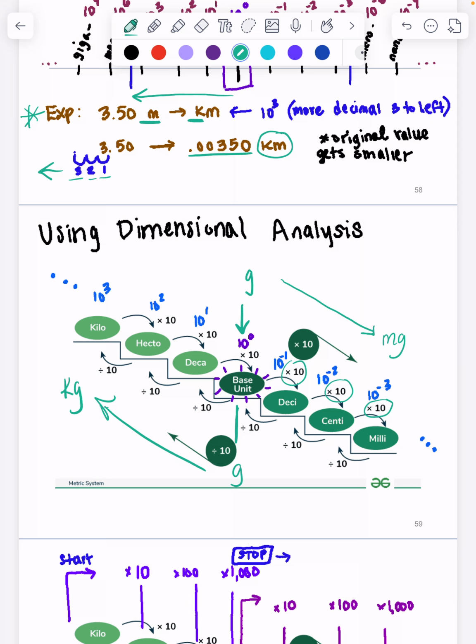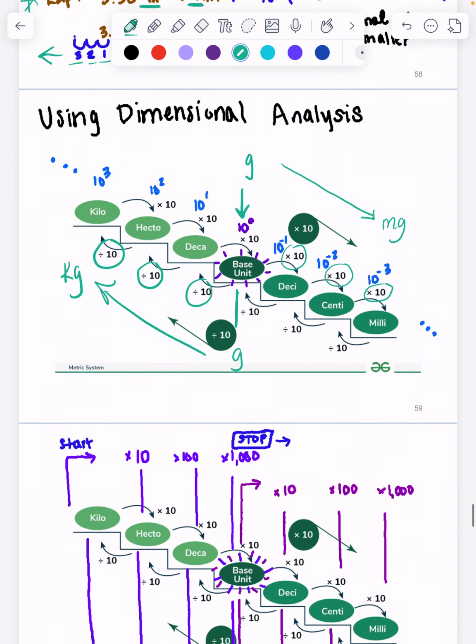But another way with dimensional analysis is we divide. We can divide by 10, divide by 100, divide by 1,000 to get the same exact answer. So in this way, it's not just moving decimals, it's trying to cancel units, finding our equivalencies, and how we cancel out grams to get to the desired quantity of what we want.